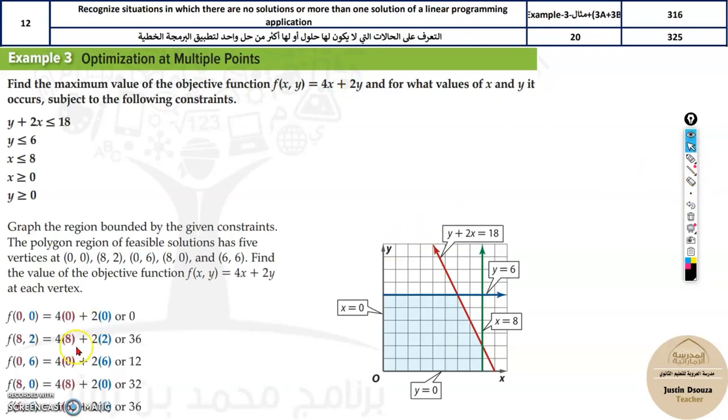You can see all the endpoints need to be substituted in the given function. Now you can see there are two maximum values and one minimum. So see which are the maximum values. The maximum values are these 2 points, isn't it? So it's 8 comma 2, that's over here, and 6 comma 6.